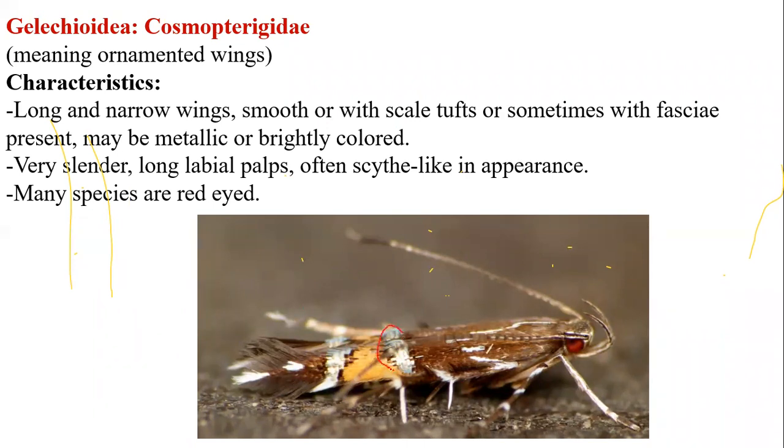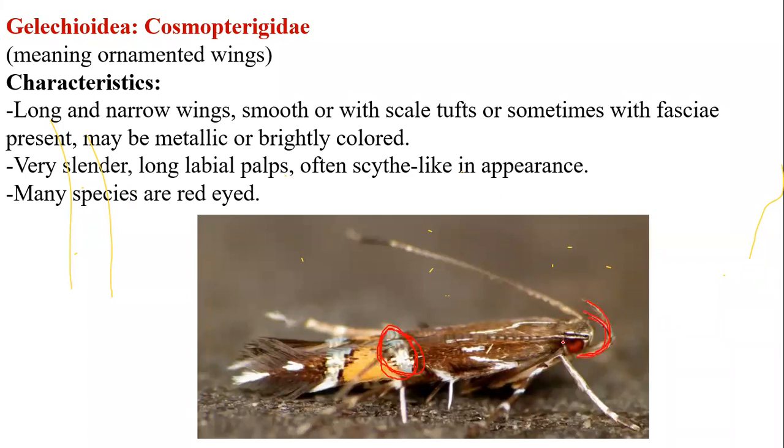You are seeing here that this medial line is made of scale tufts, or sometimes they may have patterns on their wings, or they may be brightly colored or metallic patterned moths. And they usually have very slender and long labial palps.